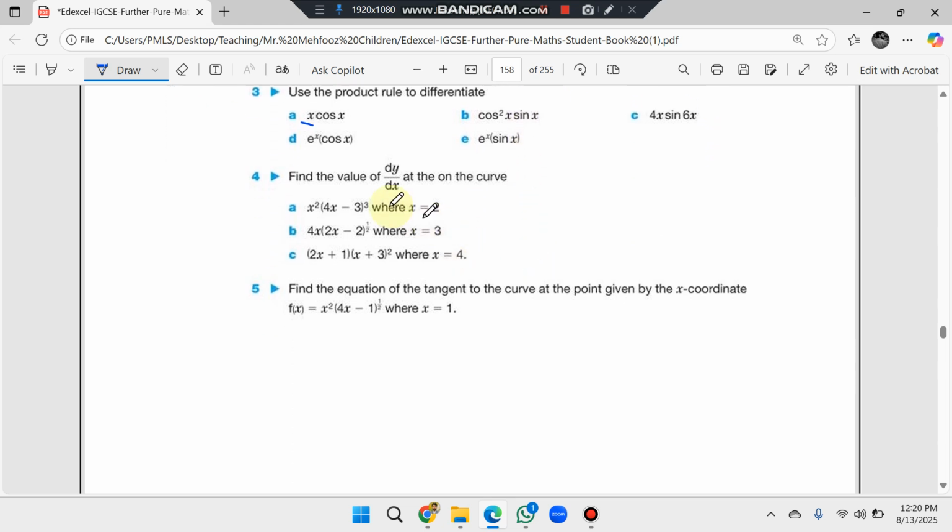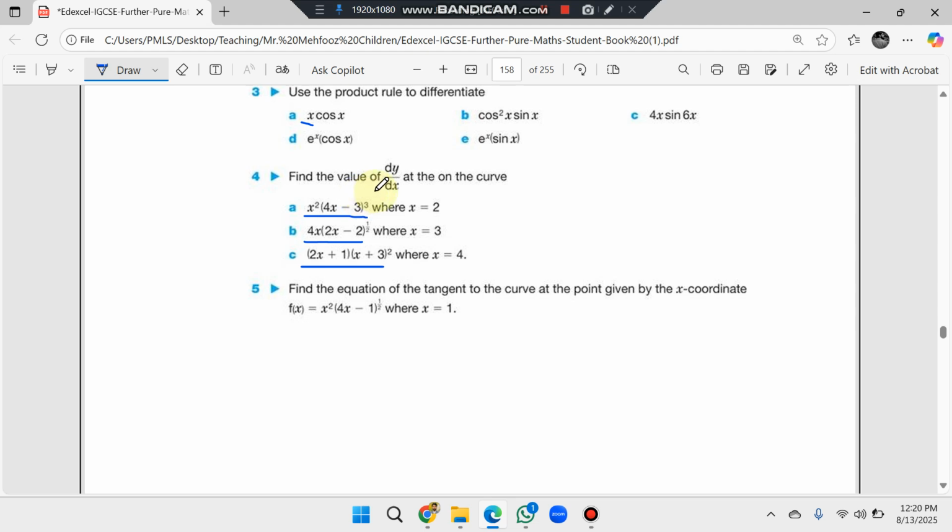In question number 4, find the values of dy by dx on the curve. First of all we have to apply the product rule on these functions using the product rule formula. The first function is u, the second function is v.